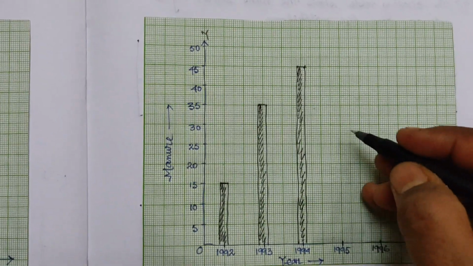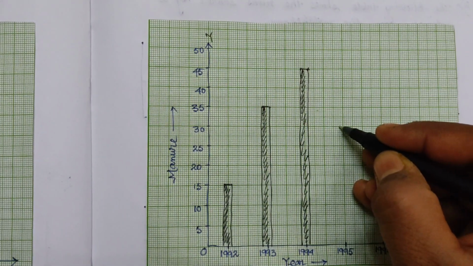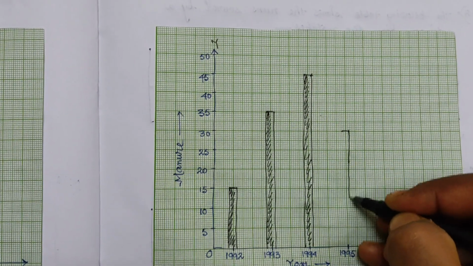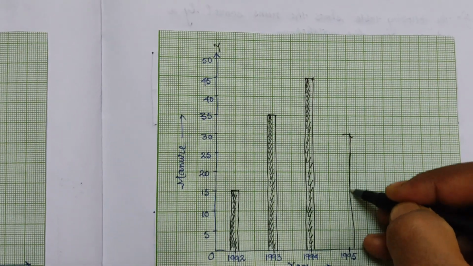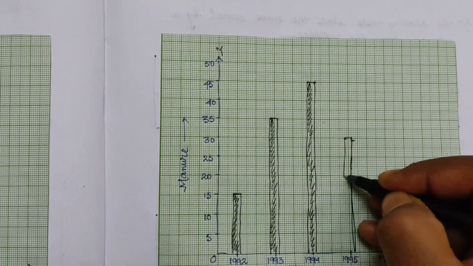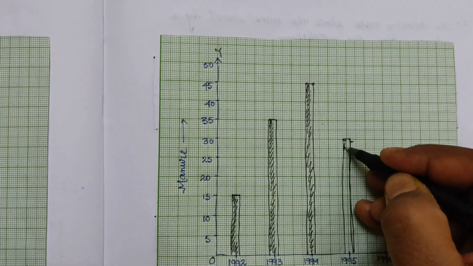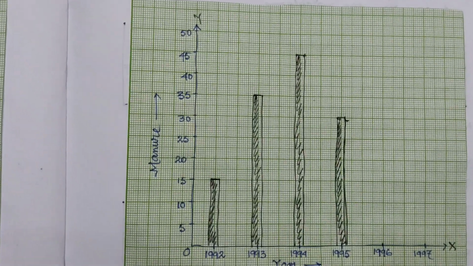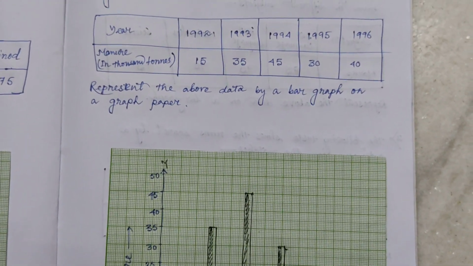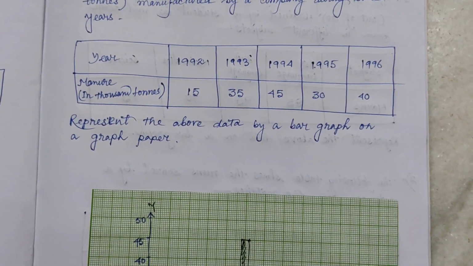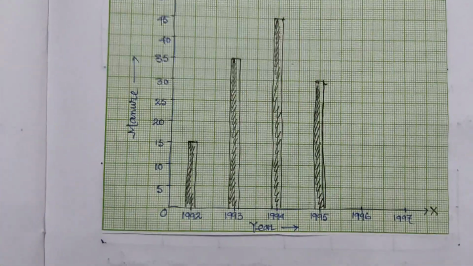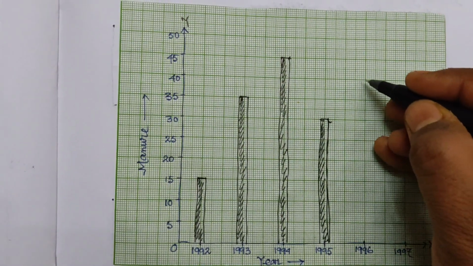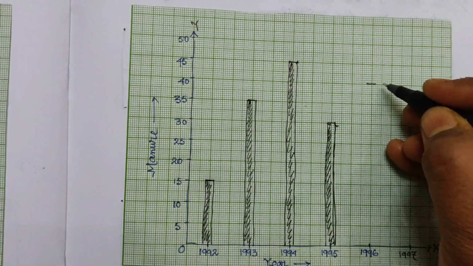So 1995 up to 30. Next, 1996. In 1996, you can see here 40,000 tons. So 1996, the height should be equal to 40. That is up to this.